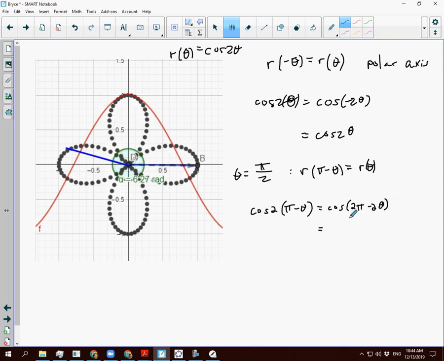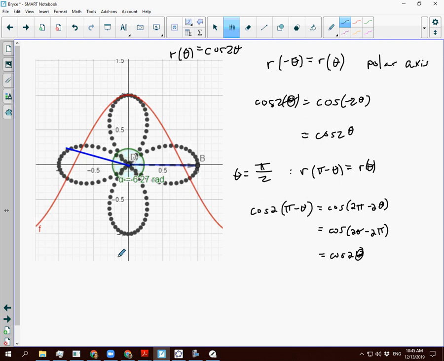Because cosine is even, that's going to be equal to the cosine of 2 theta minus 2 pi. Opposite inputs on cosine give you the same output. And subtracting 2 pi from an angle is going to have the same cosine. So that's the same as the cosine of 2 theta. So the original function remains intact when replacing theta with pi minus theta.